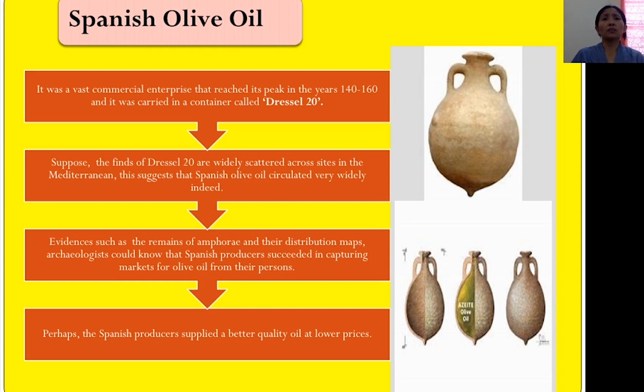This suggests that Spanish olive oil might have circulated widely. From evidence such as the remains of amphorae and their distribution maps, archaeologists could study how Spanish producers had succeeded in capturing markets for olive oil from their rivals. So it is probable that the Spanish producers supplied a better quality oil at lower prices.